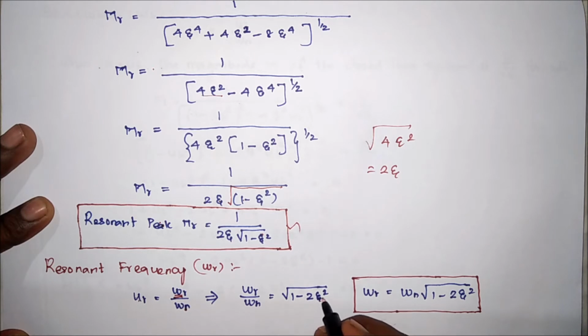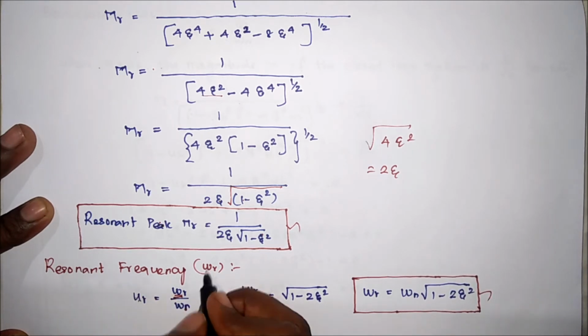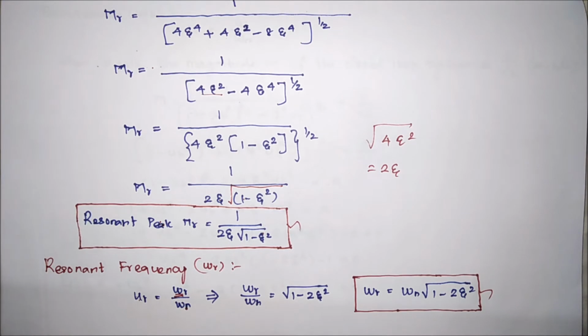We already derived. Therefore we have to equate square root of 1 minus 2 eta square to this. So now if we take this omega n to here, we will get resonant frequency. Resonant frequency omega r equal to omega n into square root of 1 minus 2 eta square. So this is the resonant frequency omega r.